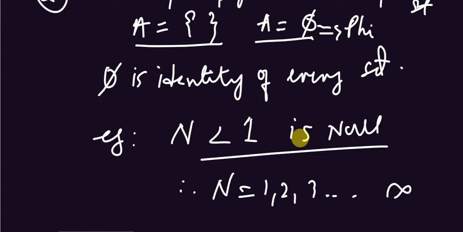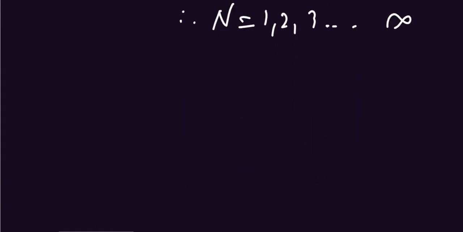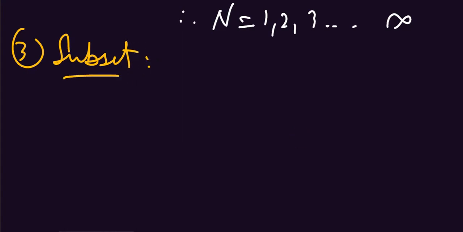Understood? So let's move further. The third type is subset. Subset means two sets are said to be subsets of each other if, just like two sets A and B, the set A contains some elements of set B. It can be denoted like this: A is a subset of B, this is the symbol for subset.